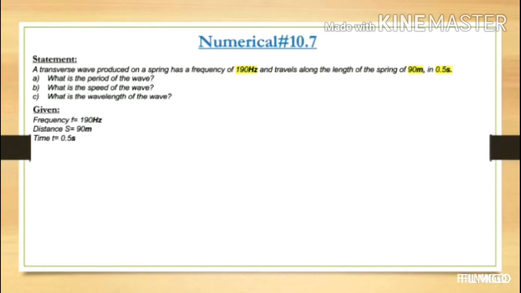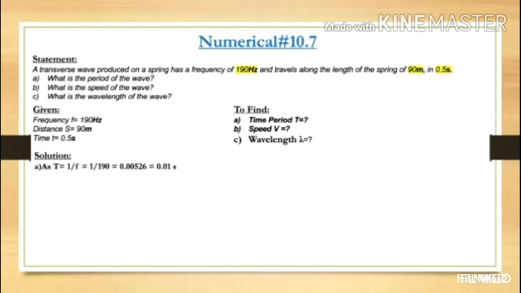For solution, we see that given frequency is 190 Hz and distance traveled by the wave is 90 meter, while time taken by the wave is 0.5 second. We have to find number 1 time period, number 2 speed of wave, and number 3 wavelength lambda.